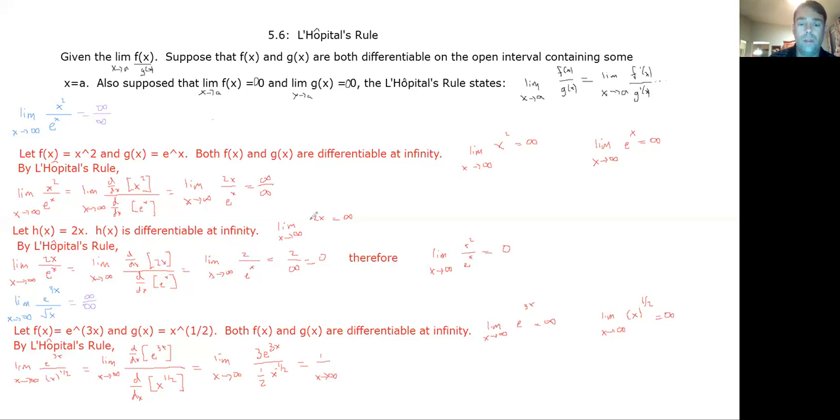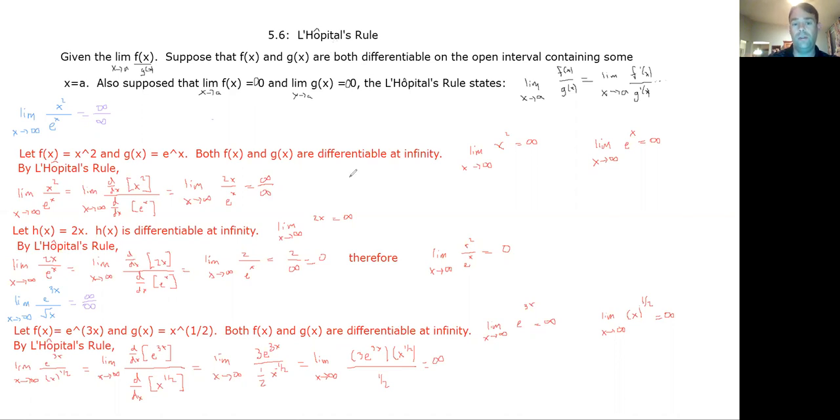I'm not really sure why I did that there. And we end up with 3 e to the 3x times x to the 1/2 over 1/2. And friends, it's not infinity over infinity this time.